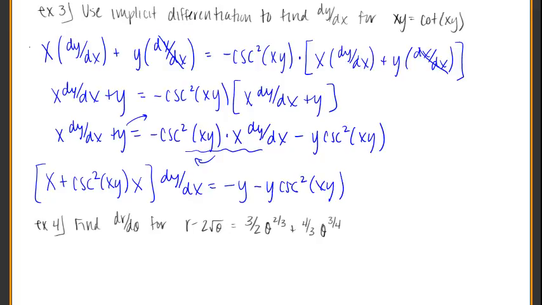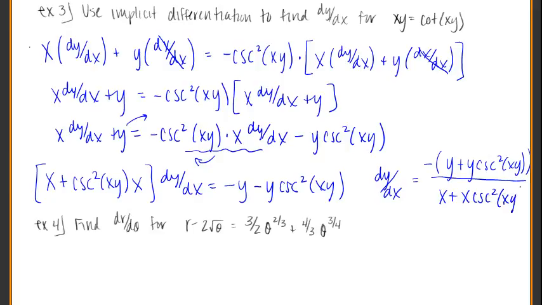And last but not least, just getting dy/dx by itself. So dividing off that bracket on the left side, I don't know if you want to factor out the negative, you can write it as (y plus y cosecant squared xy) divided by, and then down there, let's write it as (x plus x cosecant squared xy).